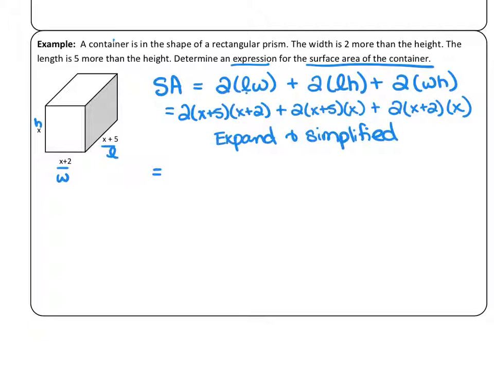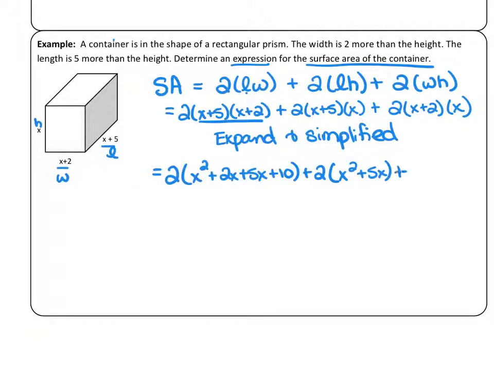I'm going to leave the 2 out for the first part, but I'm going to expand and simplify this one. So x squared plus 2x plus 5x plus 10 plus 2 times, and this one we'll just do the x by each of them in there, so it becomes x squared plus 5x.